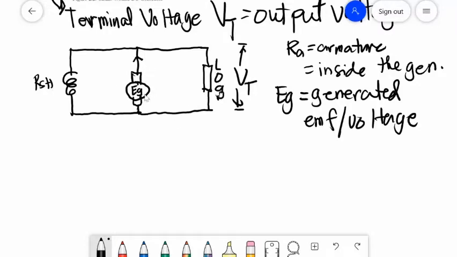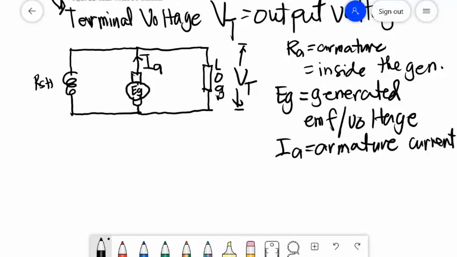Since this is the generator, our current will be designated as IA. IA is the armature current. Then it will supply RSH.